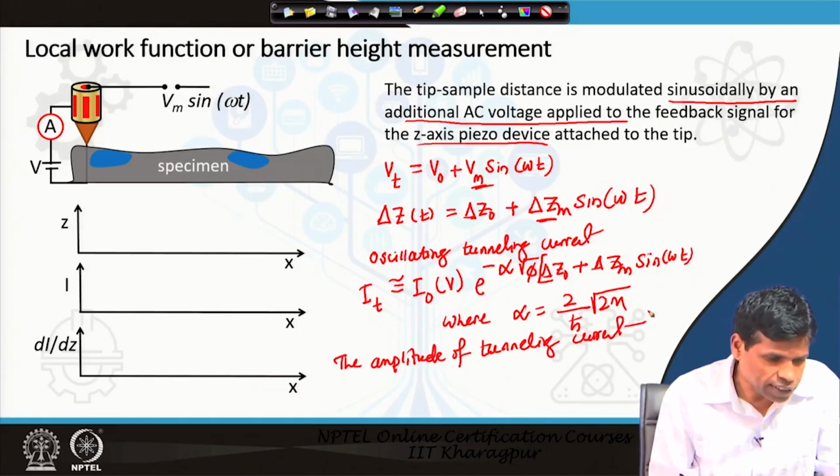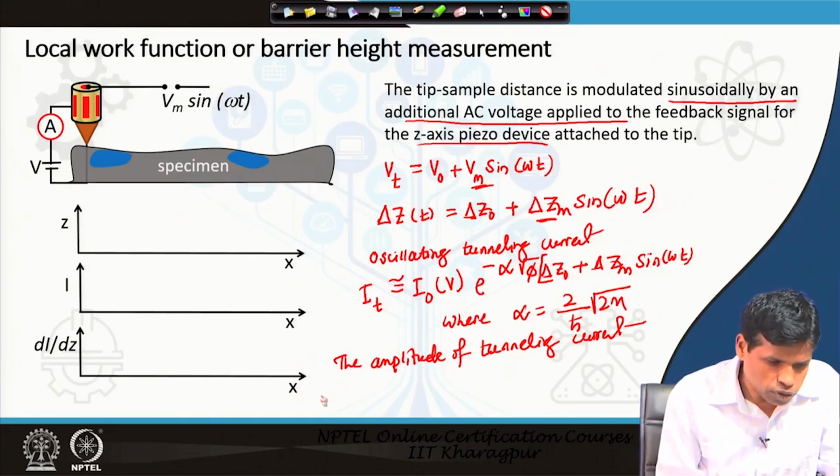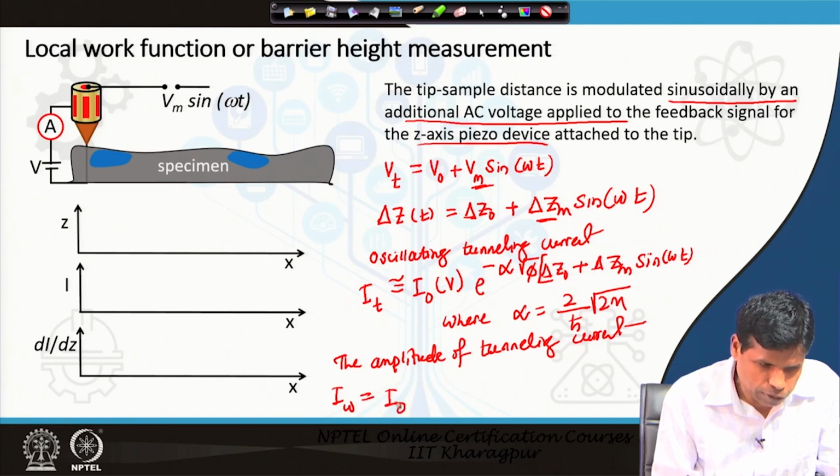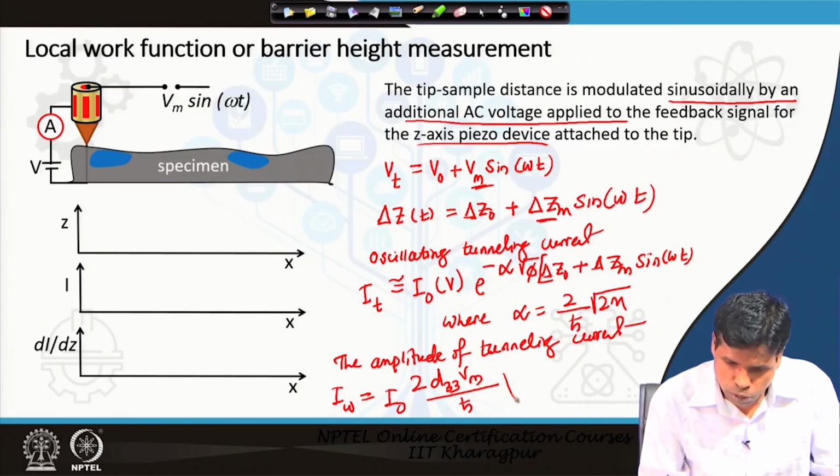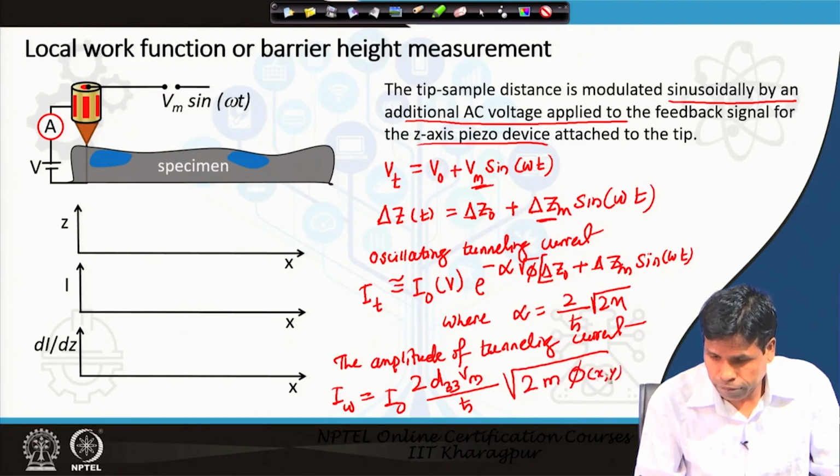The amplitude of the tunneling current will be proportional to I0 d33, this is the piezoelectric coefficient, Vm divided by h cross root over 2m phi, phi at x, y.